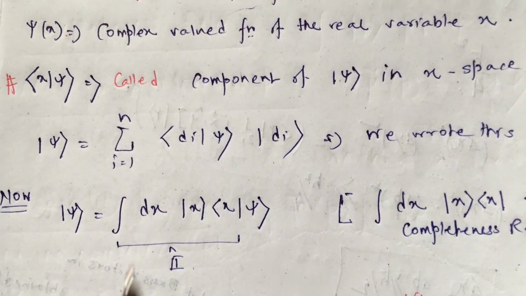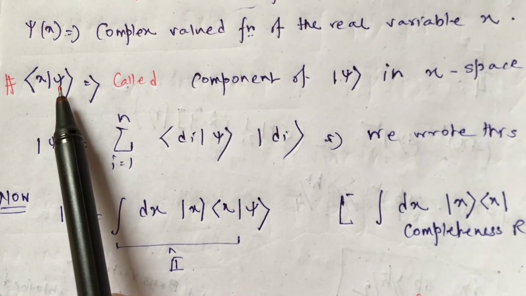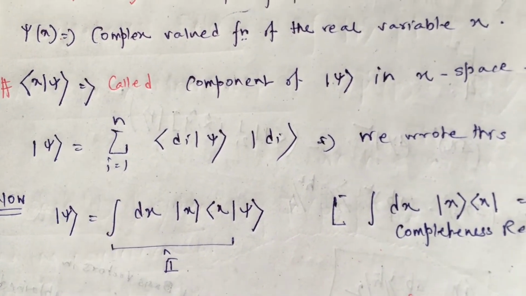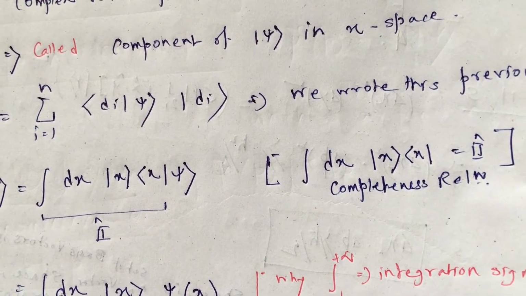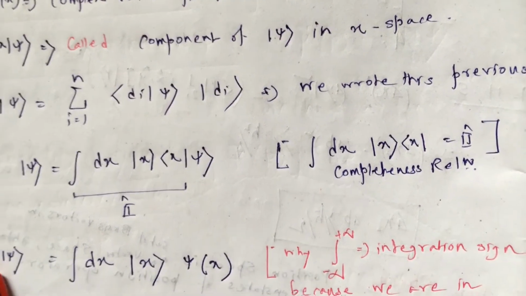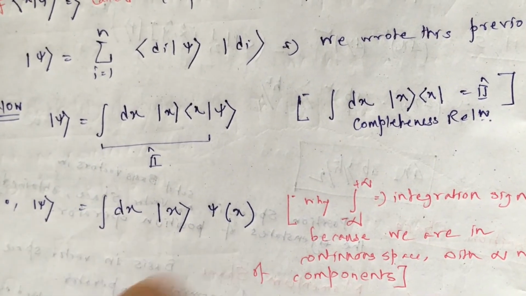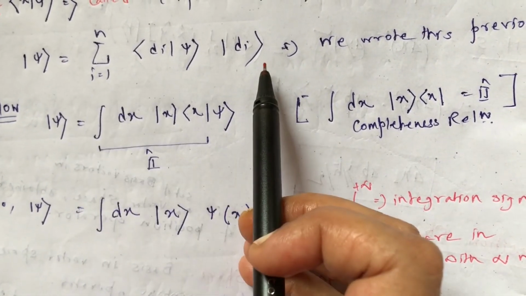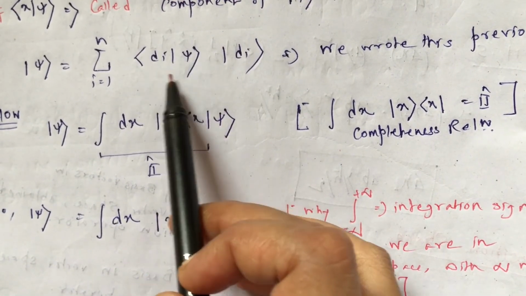This x psi, that is scalar product between the eigenstate x and arbitrary state psi, this is called component of the arbitrary state psi in the position space. In discrete space, I have written the components like this. This is my state and this is my component.